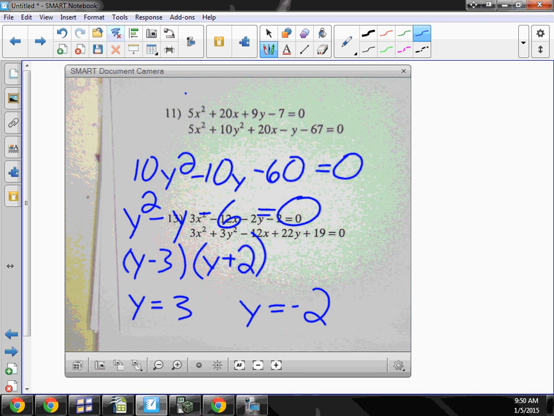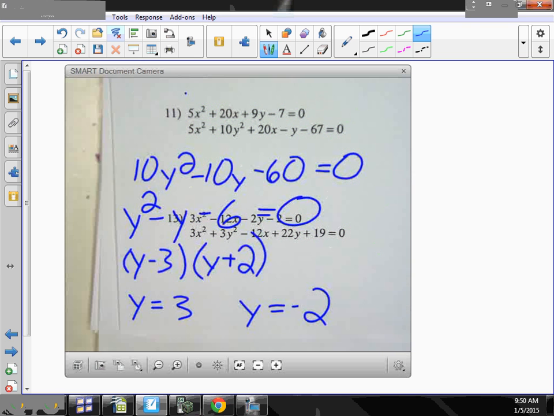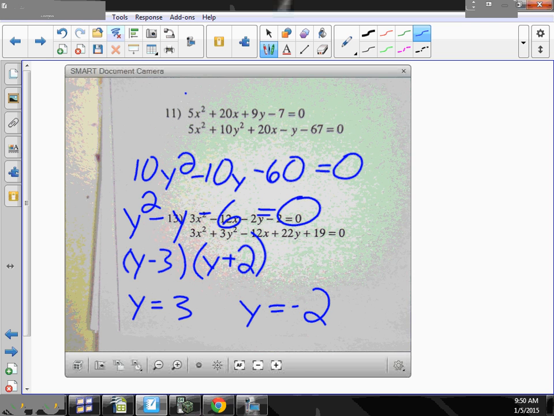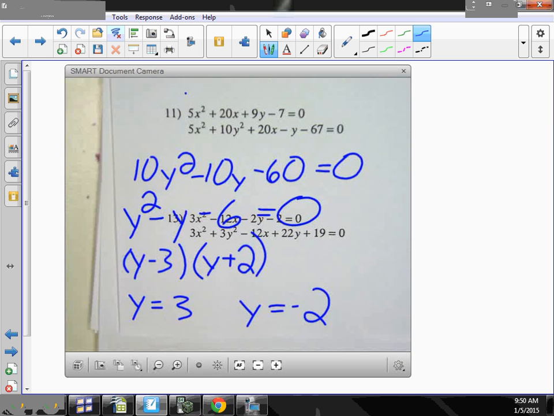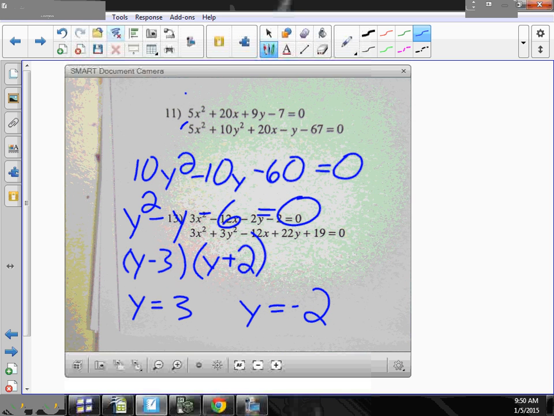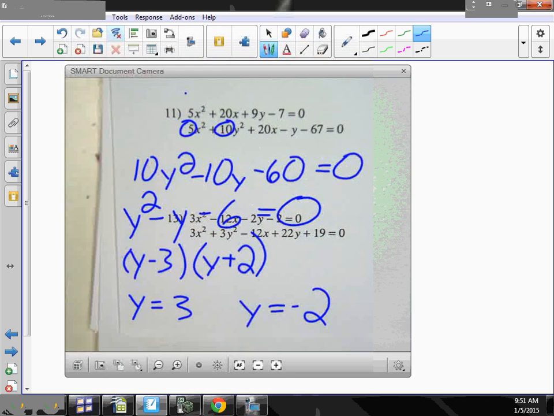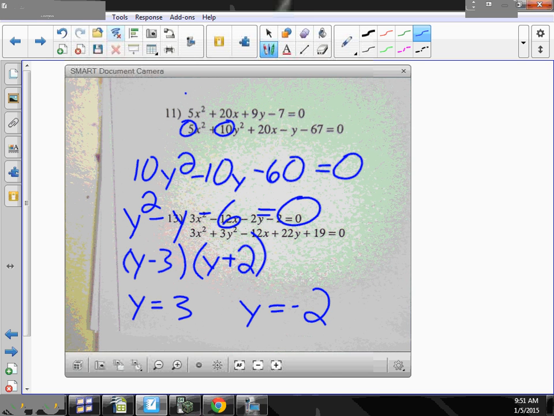How many solutions does this have? We don't really know yet. What type of equations am I looking at? Well, the bottom one, it's not a circle because those are different. So it's an ellipse. It's an ellipse and a parabola, and it's a vertical parabola.